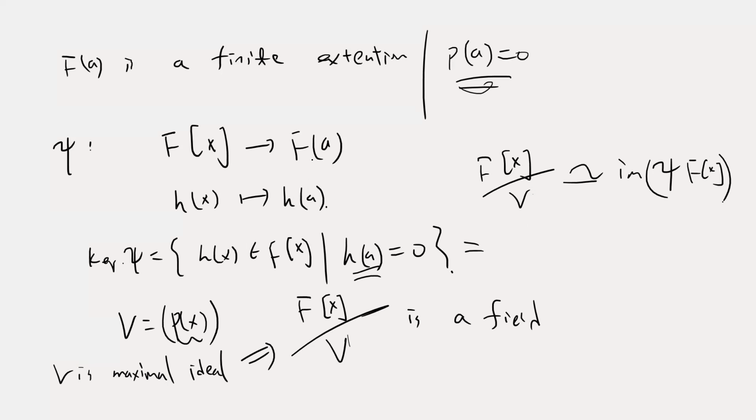By this definition, F adjoin a, psi is surjective, because every h of a comes from F[x]. So which tells you that the image must be F(a). So now I say that F adjoin a is just F[x] quotient by the maximal ideal generated by P.